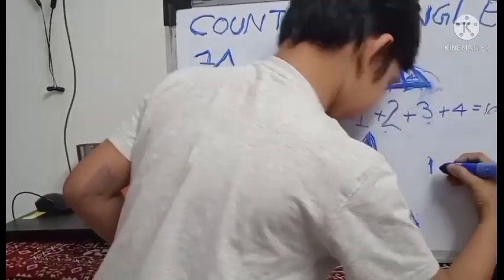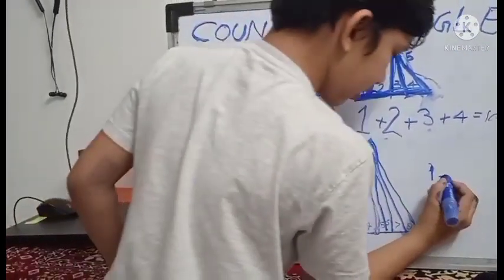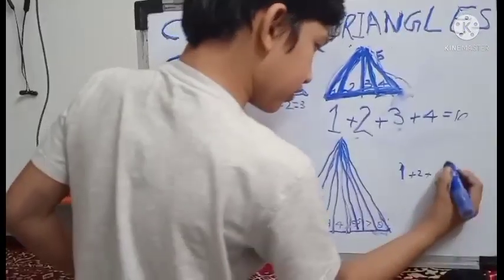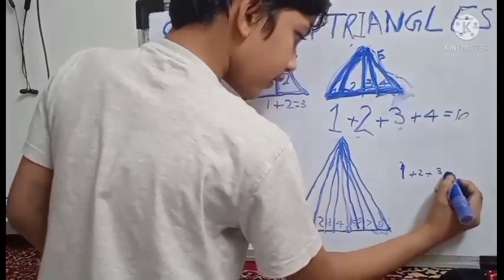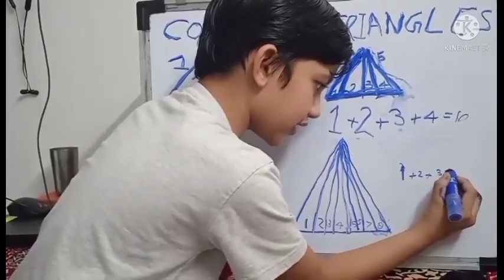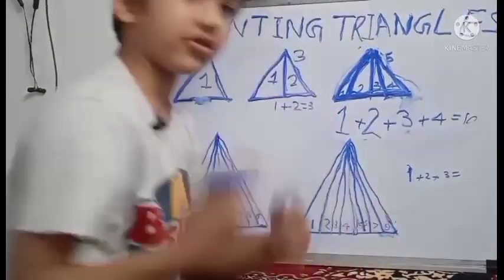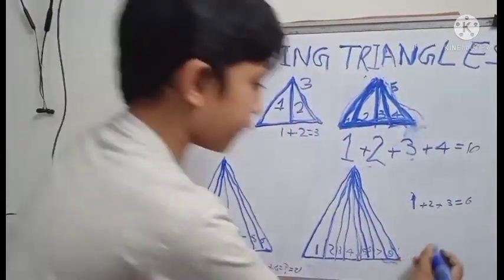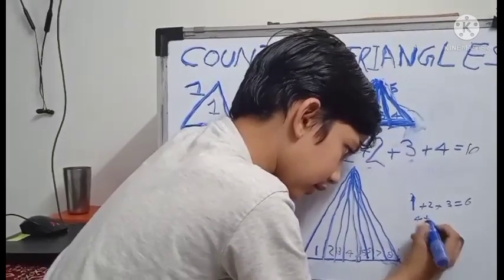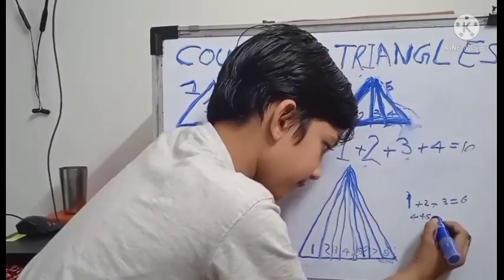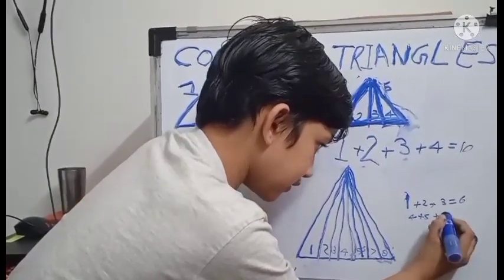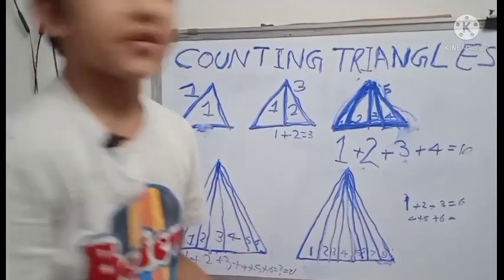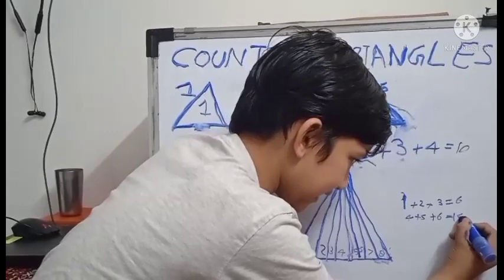As usual, now we will count. From here the 1 will come, from here the 2 will come, from here the 3 will come. So 1 plus 2 equals 3. 3 plus 3 equals 6. 4 plus 5 plus 6 equals 15.